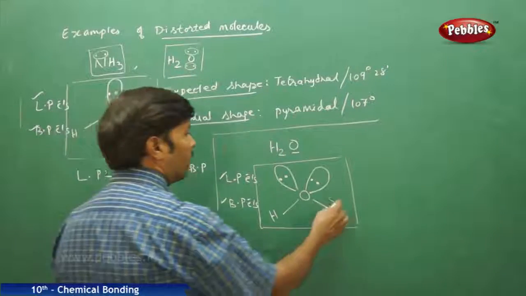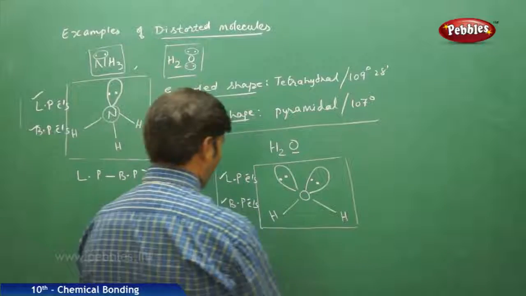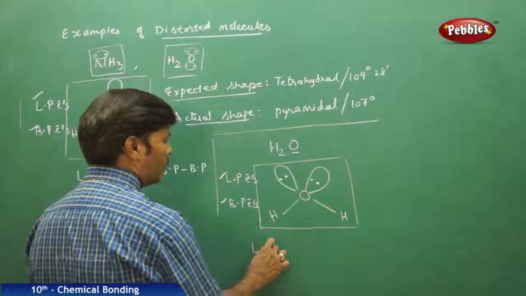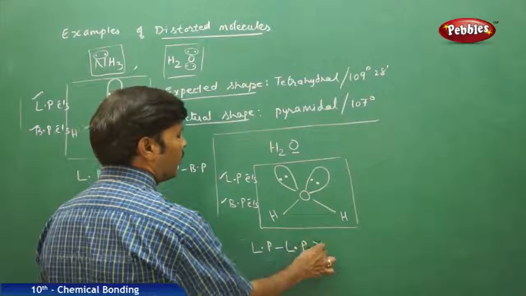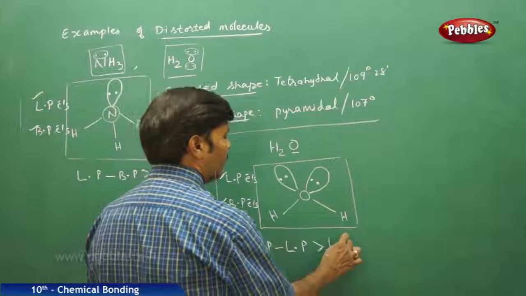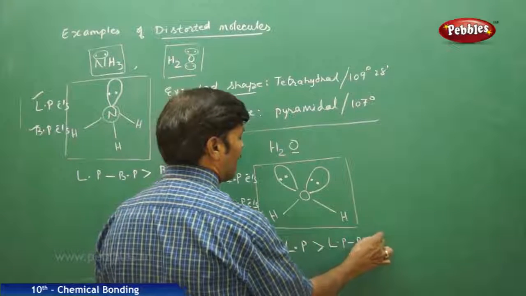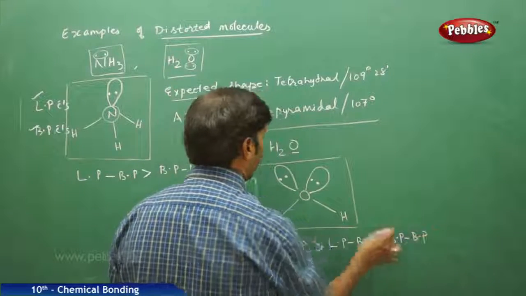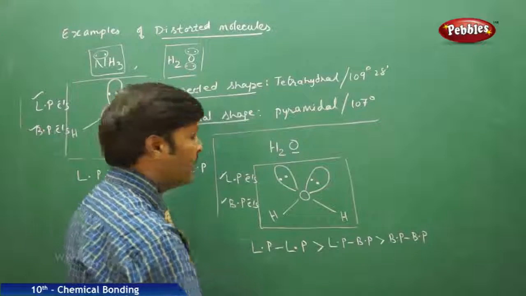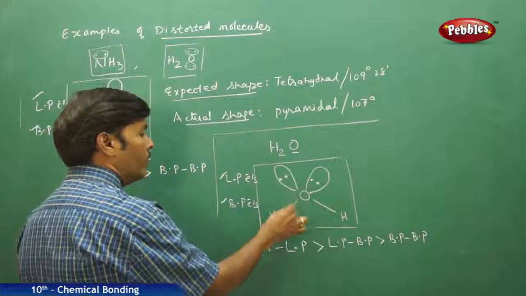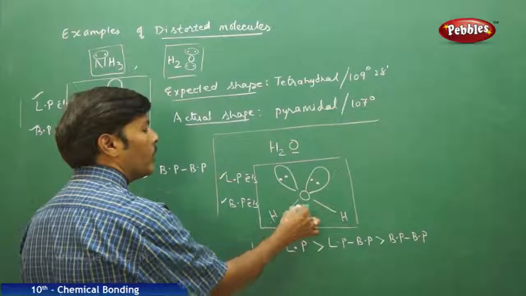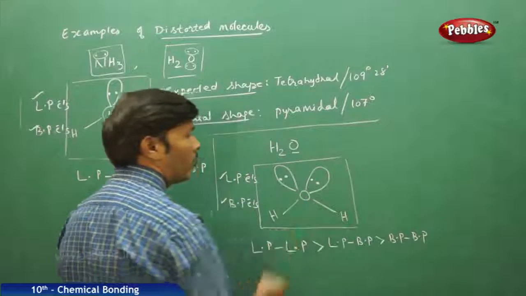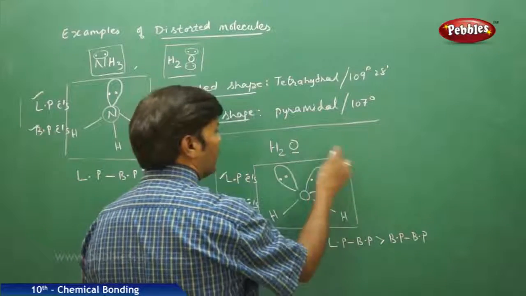Here the kind of electronic repulsions taking place are: lone pair to lone pair repulsions in the water molecule are greater than lone pair to bond pair repulsions, which are greater than bond pair to bond pair repulsions, because three types of repulsions are taking place. Because of these three kinds of repulsions in the water molecule, the molecule becomes distorted.